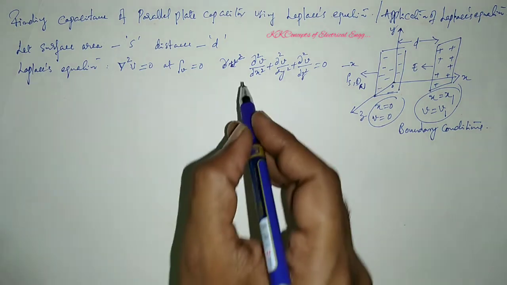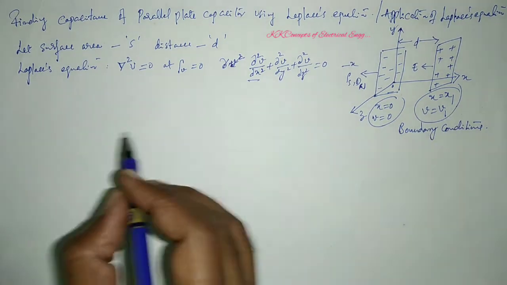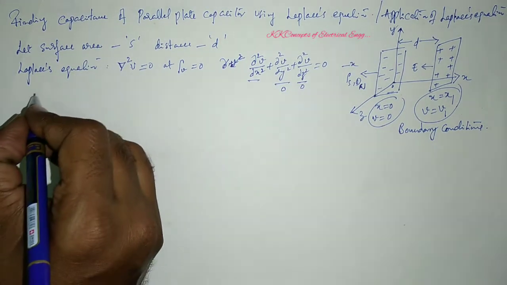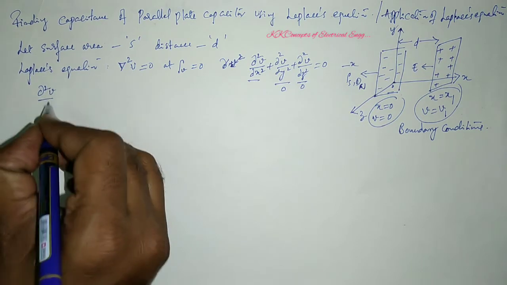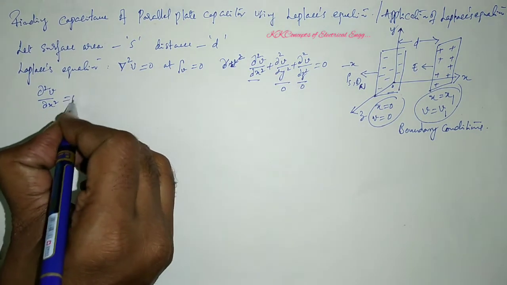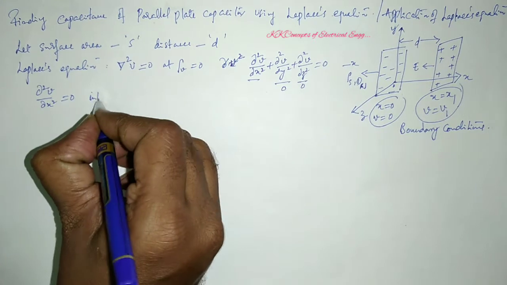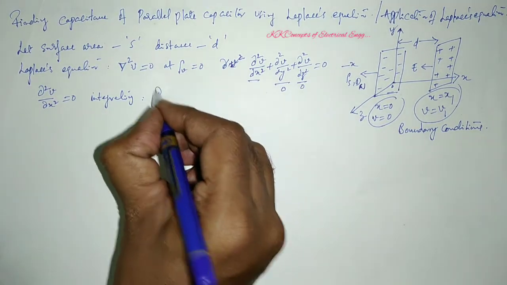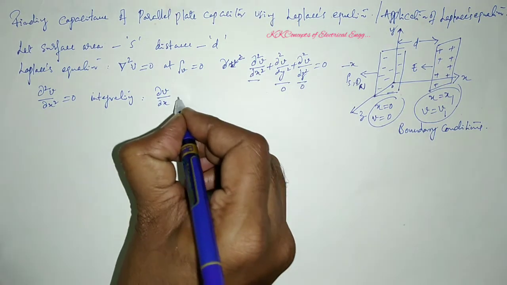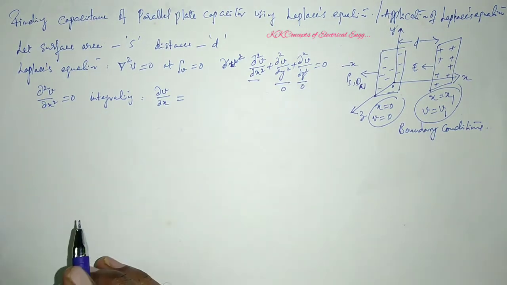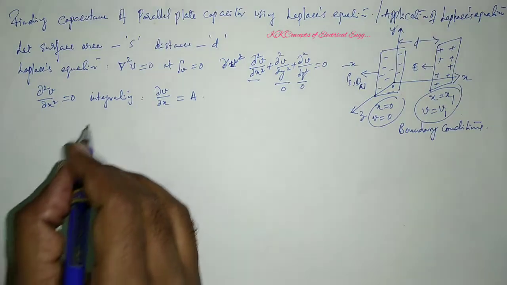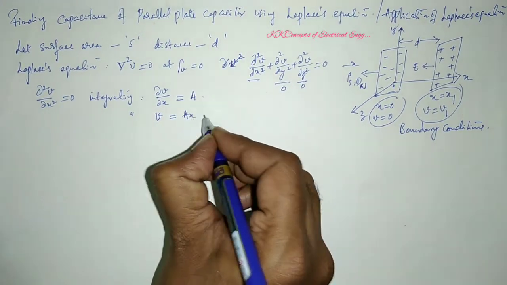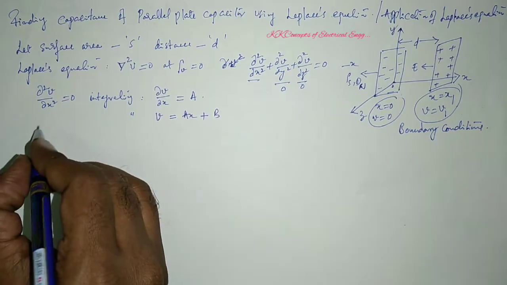Since V is the function of only x, these two terms will become equals to 0, then we got dou square V by dou x square equals to 0. Integrating this, we get dou V by dou x equals to a constant a. Further integrating, V equals to ax plus b.